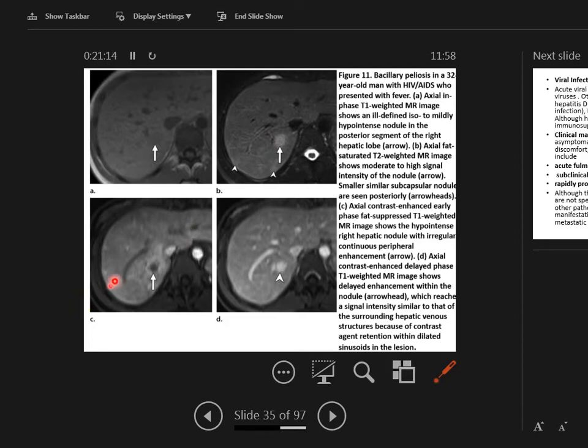In contrast enhanced images, a hypointense right hepatic nodule with irregular continuous peripheral enhancement around the lesion, and on the delayed phase the enhancement within the nodule, and all the nodule takes the enhancement.